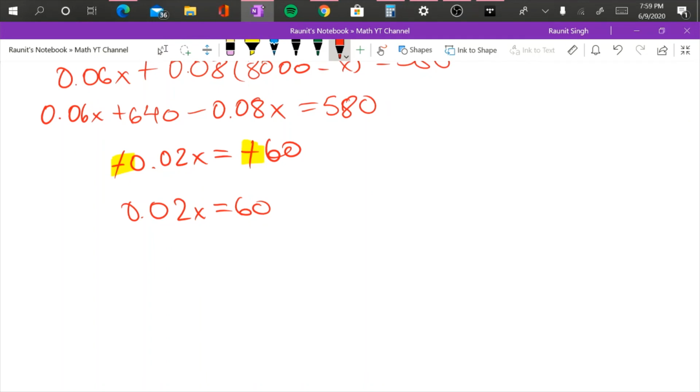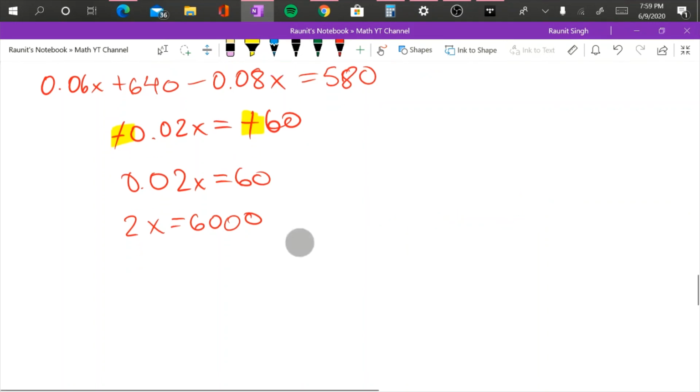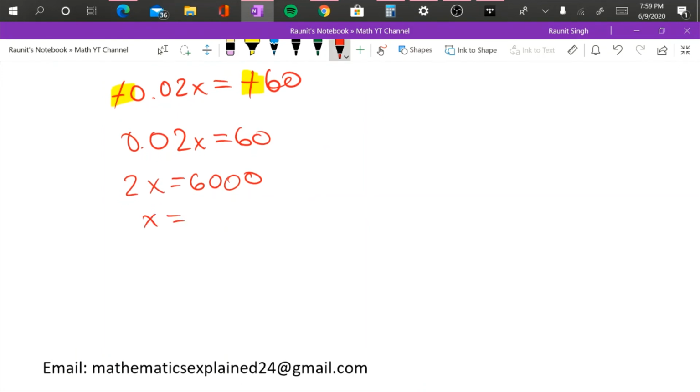So we're going to get 2x equals 6, and then add 2 more zeros. Since we're multiplying by 100, with the 0.02x times 100, we notice that there are 2 decimal places, or two numbers after the decimal point. Move the decimal over, cross out the zeros, and you're done. You have a whole number now. I'm going to divide both sides by 2. x is equal to $6,000 divided by 2, which is equal to $3,000.